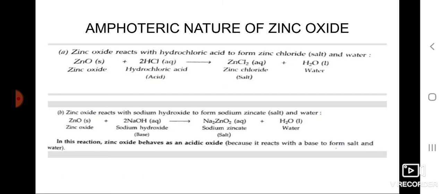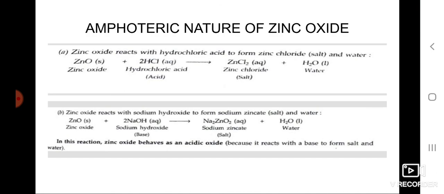Next example, zinc oxide. Zinc oxide is again an amphoteric oxide. See here in this reaction, zinc oxide reacting with hydrochloric acid gives zinc chloride and water. In this reaction, zinc oxide is reacting with acid. Therefore, zinc oxide is basic in nature. In the second reaction, zinc oxide is reacting with sodium hydroxide and giving sodium zincate and water.